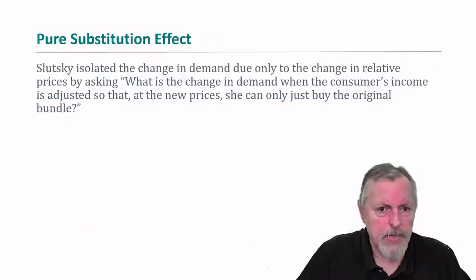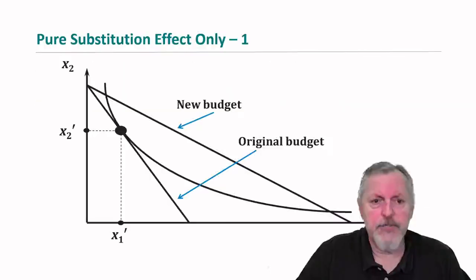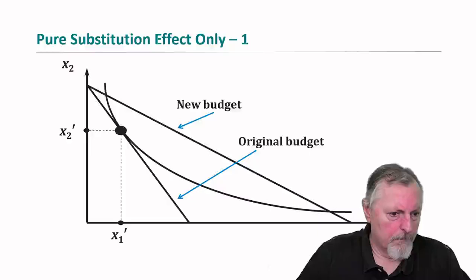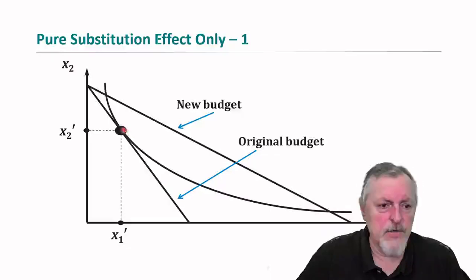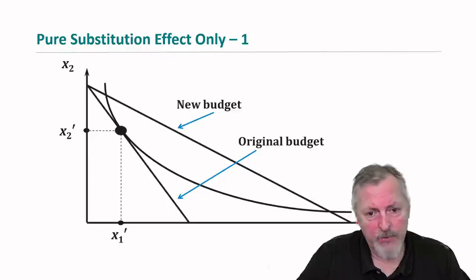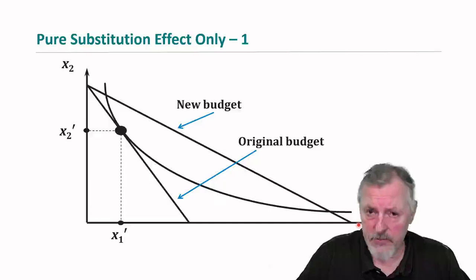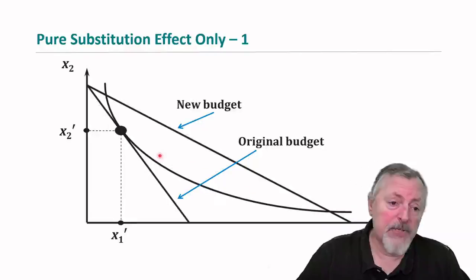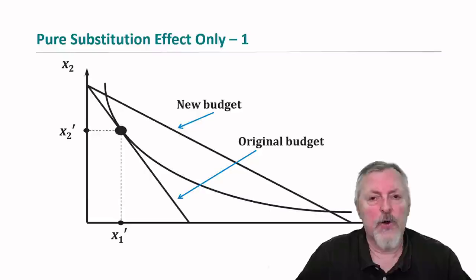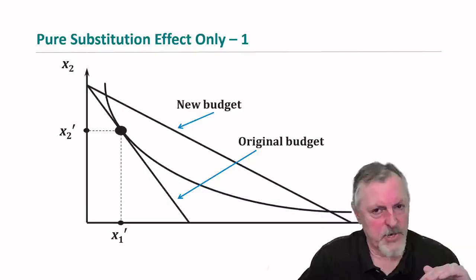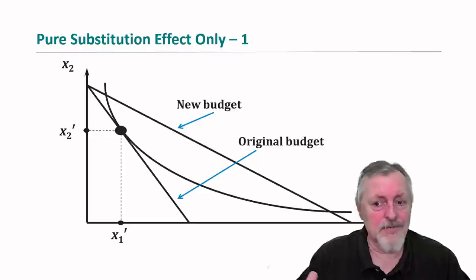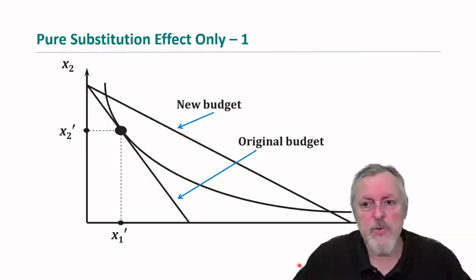So, if you're in this situation where this was the original budget line, and you optimized there, and then the price of thing 1 drops, so the budget line swings out. Your income in dollars is the same, but your budget set is much bigger. So on the one hand, the relative prices have changed. On the other hand, you're also kind of richer. You're going to re-optimize.